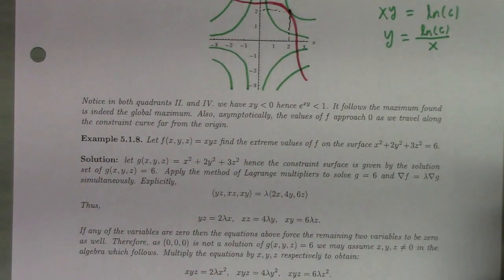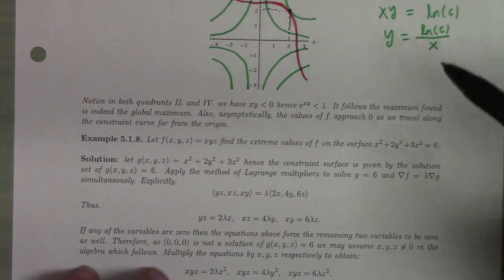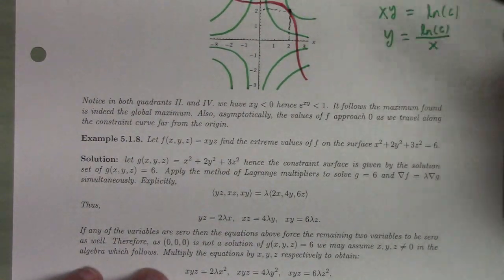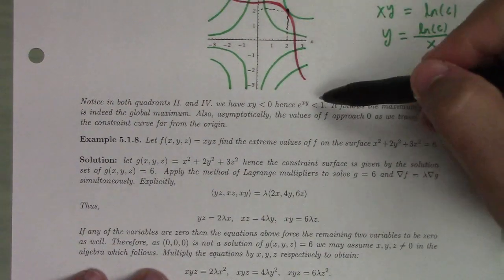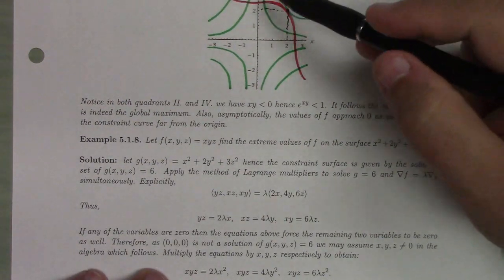Another way you could look at this is you could take your constraint curve and divide it up into 3 pieces. Like this tail that goes off to infinity, that tail that goes way out.